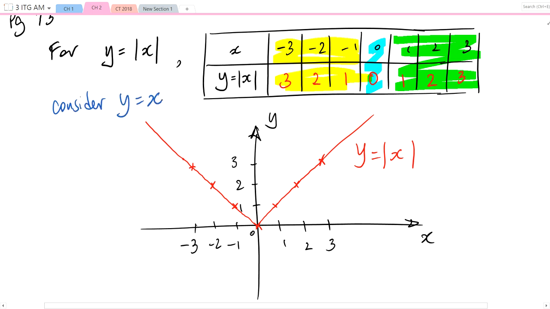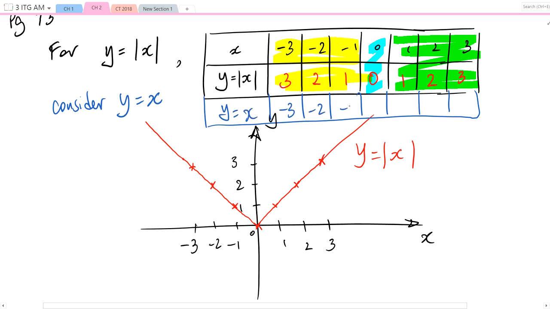Now if I want to plot the graph of y equals x with the same x values, this is what I will have. So now y equals x. So I have negative 3, negative 2, negative 1, 0, 1, 2, and 3.